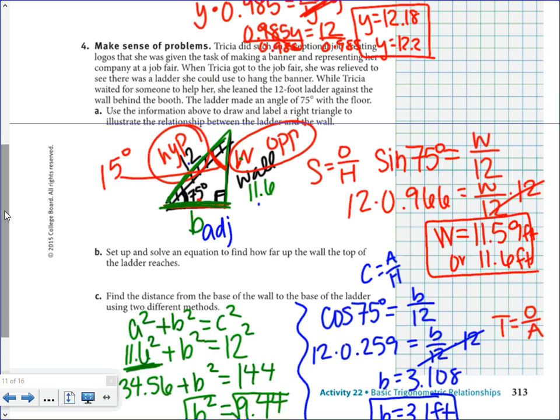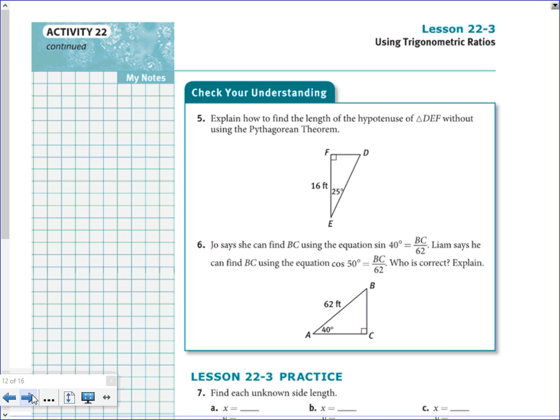So looking at the next page. Number 5, explain how to find the length of the hypotenuse without using Pythagorean theorem. Well, there's no way that we could actually use Pythagorean theorem because we don't have two side lengths. So, to find the hypotenuse, that's what we're looking for.